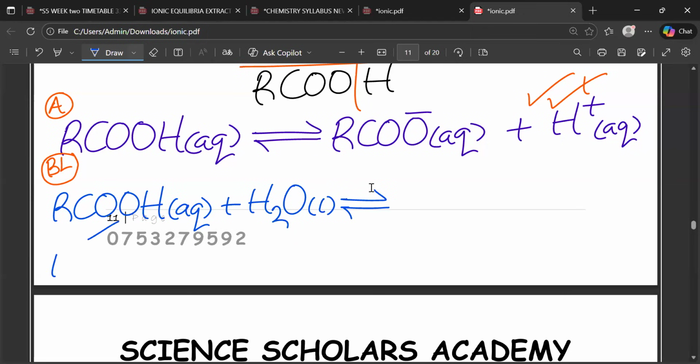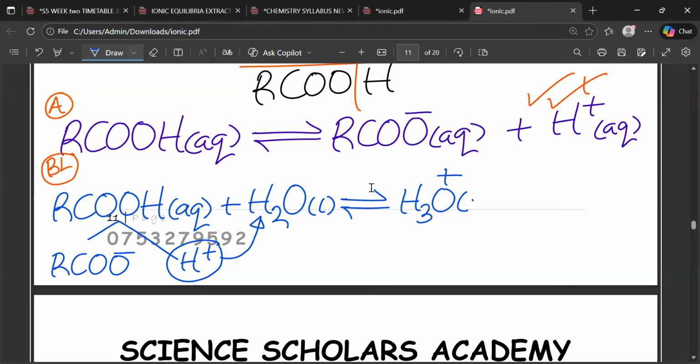So there is this RCOO minus ion, the balance. Then I also have my proton H plus. Of course, you know where the boundary line is. So this one is donated to this water. And that's where Bronsted-Lowry comes in. When water accepts that proton, it becomes hydroxonium, H3O plus, aqueous. The other RCOO minus ion is negative, so it will be ignored.